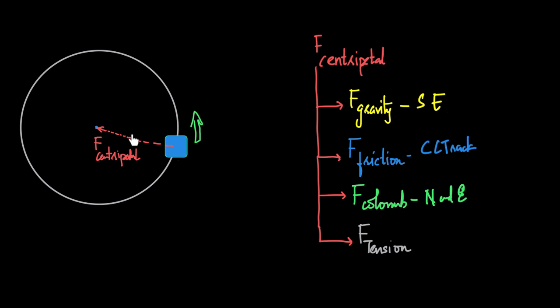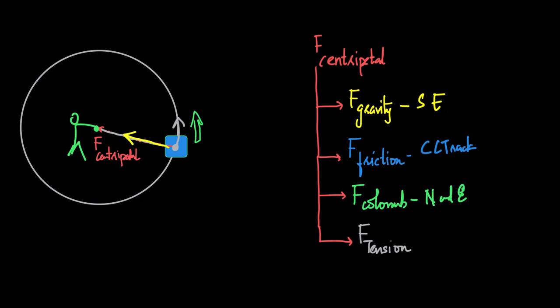Now, say for example, if we are holding a string and we tie a stone to this, and then when we rotate this, it is the tension along the string, the force of tension, that acts as the centripetal force here.